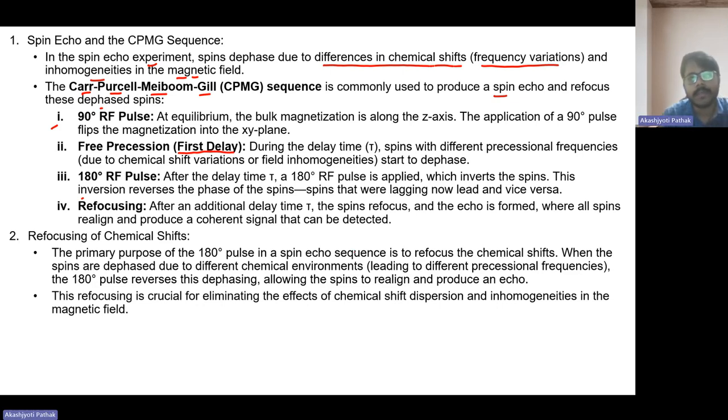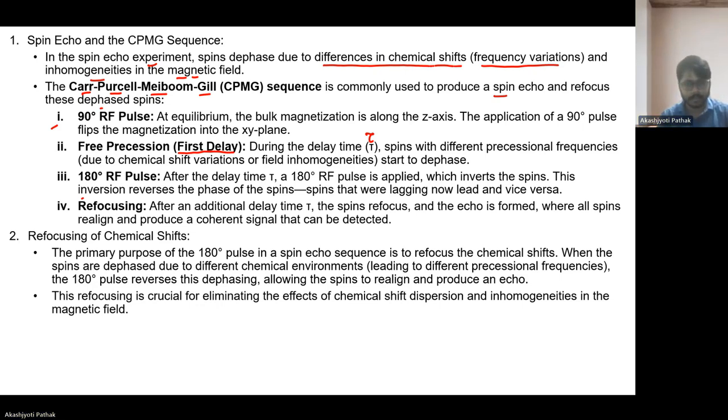During this delay time, tau, spins with different precessional frequencies, because of differences in their chemical shifts or field inhomogeneities, will start to dephase.